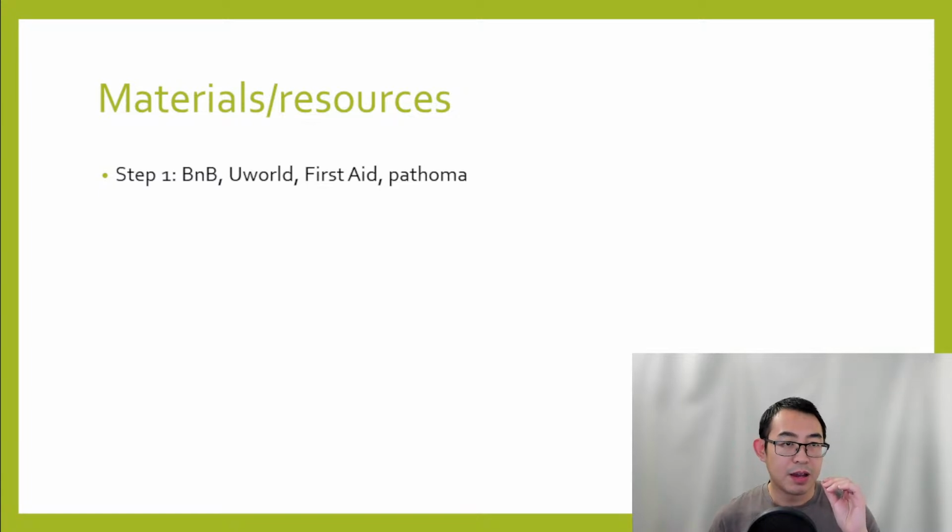For example, for Pathoma, I will give 5 stars for understanding, because Pathoma is really good at giving you an understanding of the concepts of pathology, about neoplasia, about the diseases, about hematology.